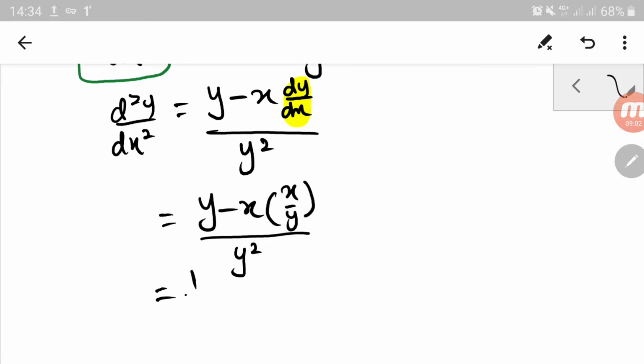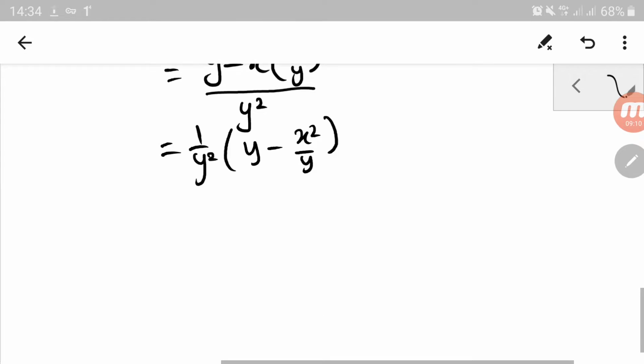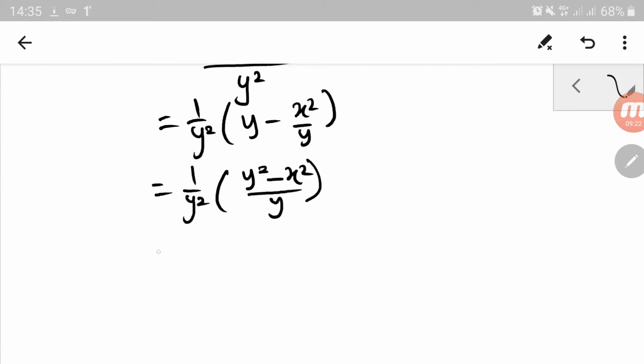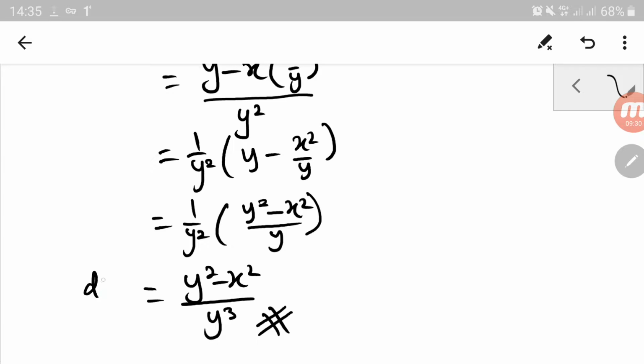Then y minus x squared over y, and then 1 over y squared, over x squared over y. Then y squared over x squared over y cubed. So this is the second derivative.